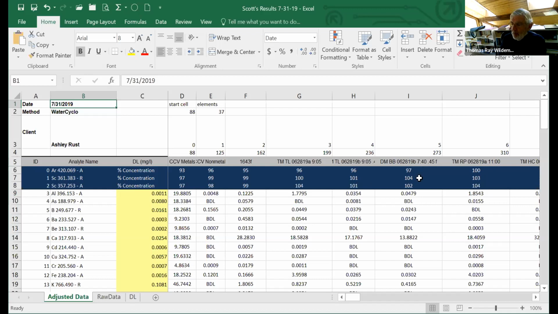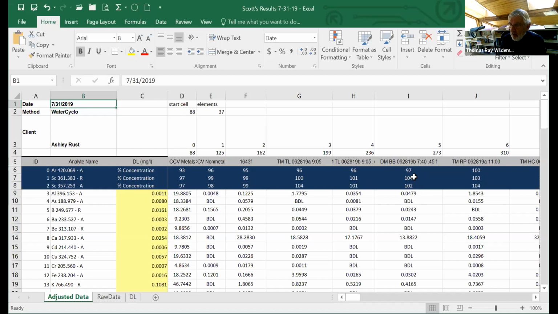And so what will happen to these results is this scandium measuring 104 will be adjusted back down to 100, and all the elements that use that internal standard will be adjusted back down to 100.